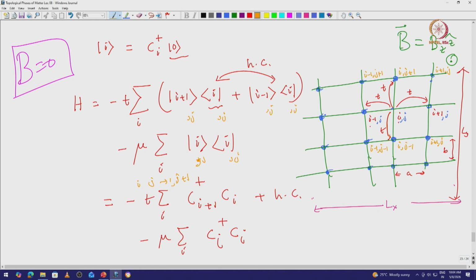I will do it again, but let me just show you that it is just adding one more index, and you can do the same thing.